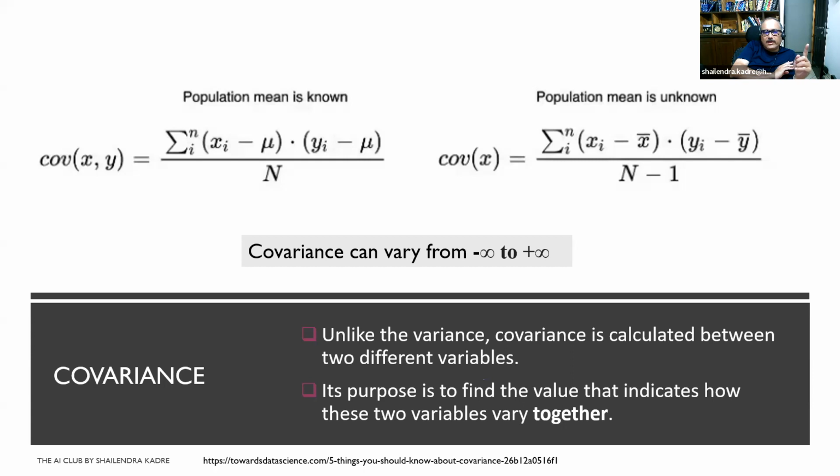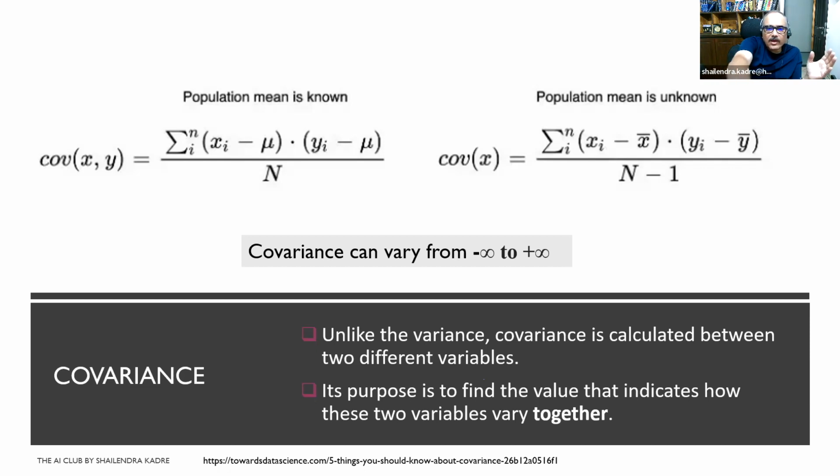Why can covariance go negative? Because if mean is greater than any x entry, this difference will become negative. If mean is greater than any y entry, this difference will become negative. So covariance goes from minus infinity to plus infinity. The reason is in front of you.